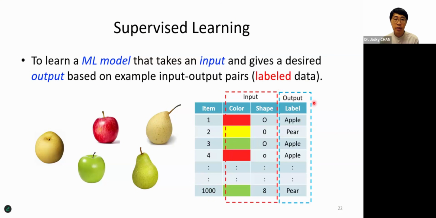Labeled data means that for each data item, we know the label. In this case, the label is apple or pear. In the previous example, the label is cat and dog. For each of this data, we know their label. And in this case, we have 1,000 data items.